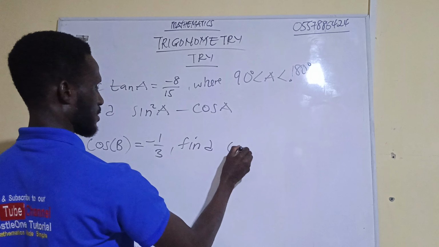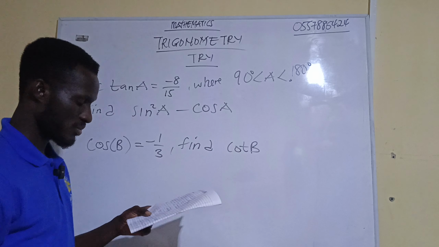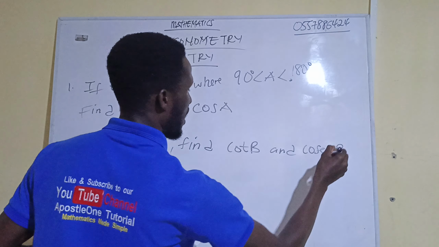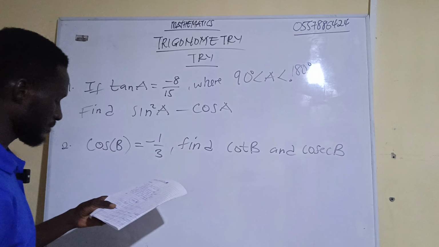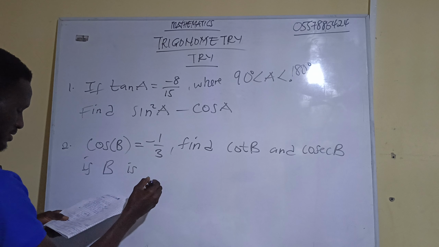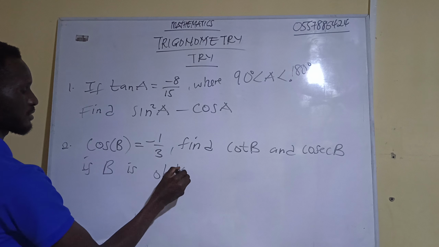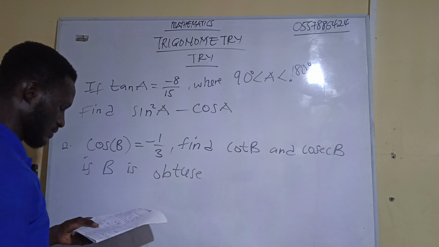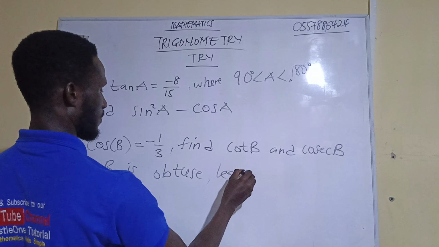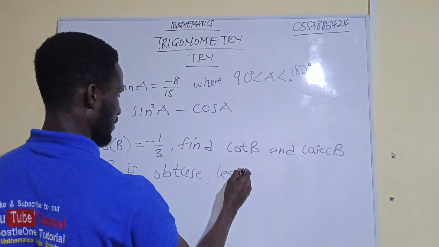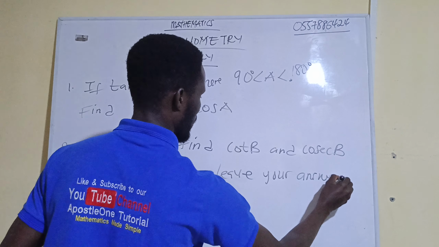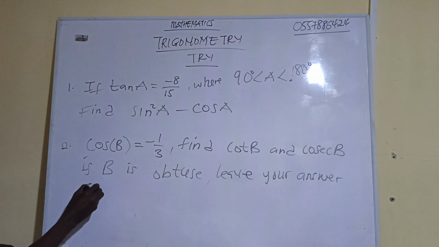Find cot B and cosec B, if B is an obtuse angle. Leave your answer in surd form.